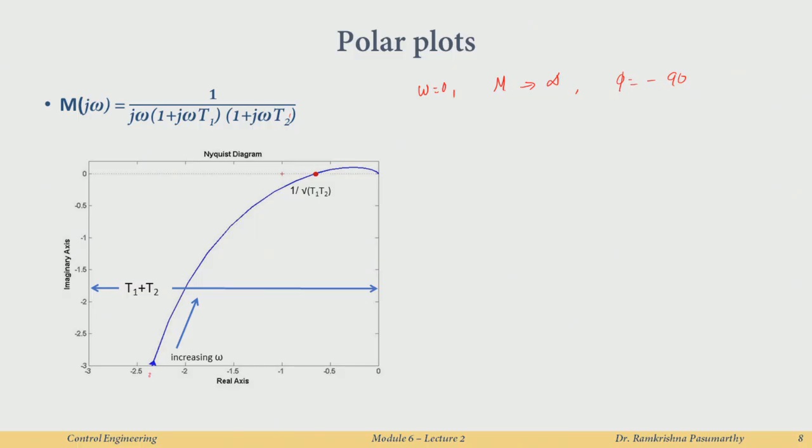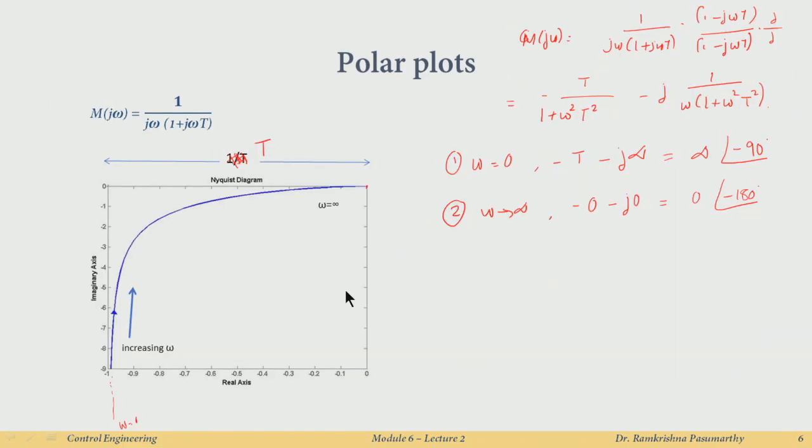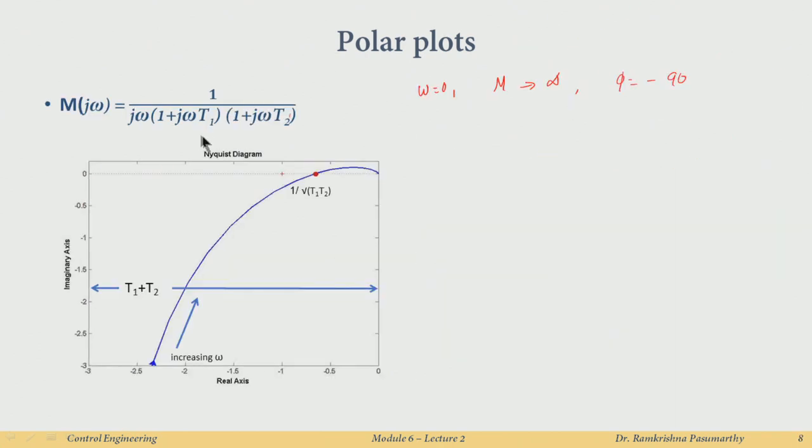You also see that this number, which was earlier T1, is now T1 plus T2. Earlier it was just T, and now it has become the sum of these two. Then what happens to this plot as omega goes to infinity? The magnitude goes to 0.